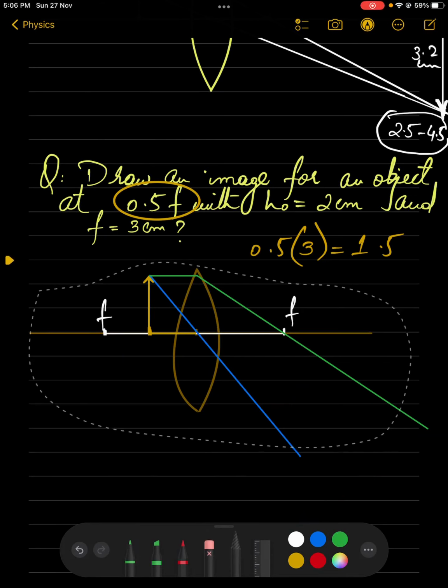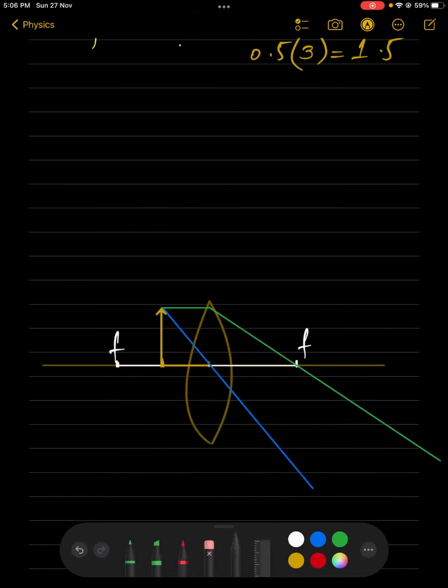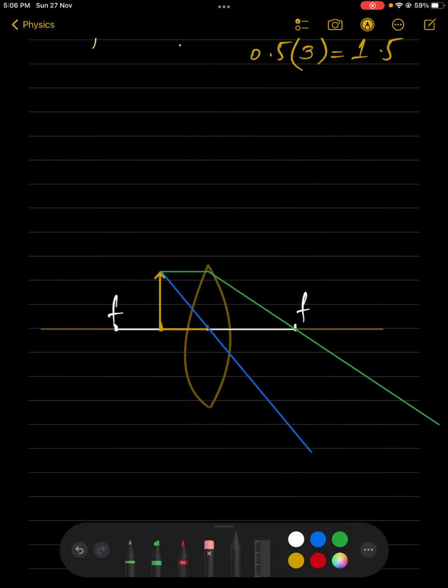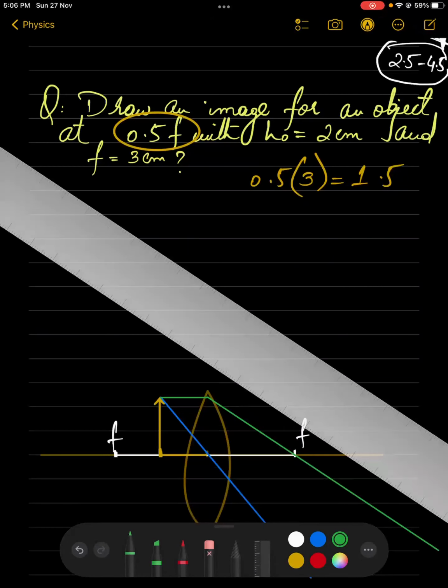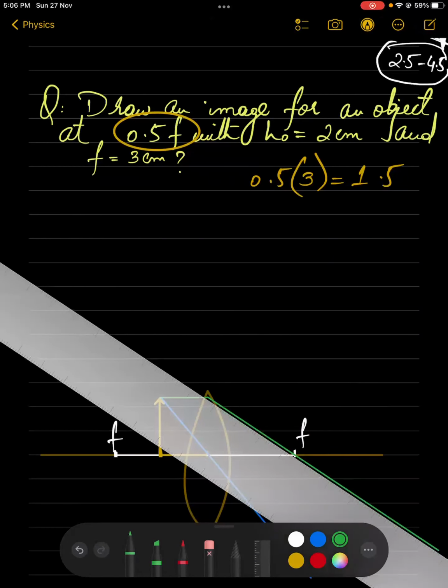So in such a case, what we do is we just pick up our light rays and carry them in the backward direction. अब इसको हम कैरी करेंगे बैकवर्ड डायरेक्शन में.